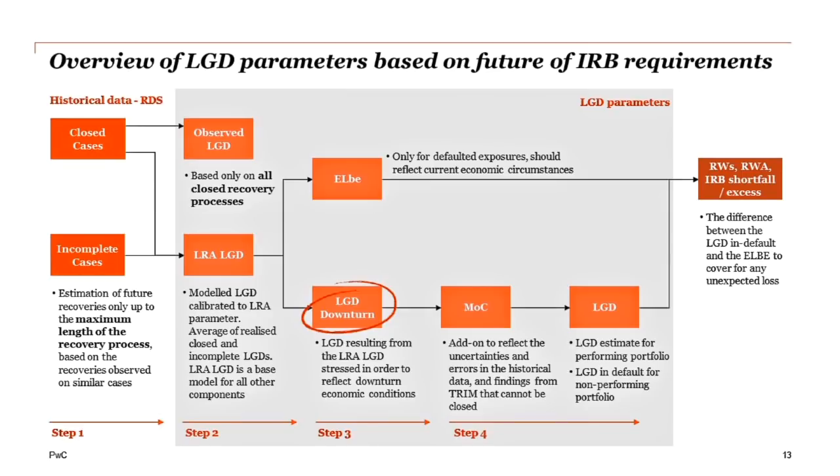Therefore, a wide variety of approaches are currently used by banks to address an economic recession. In order to introduce consistency across banks and jurisdictions, EBA developed a draft RTS on the nature, severity, and duration of economic downturn for the purpose of LGD estimation.